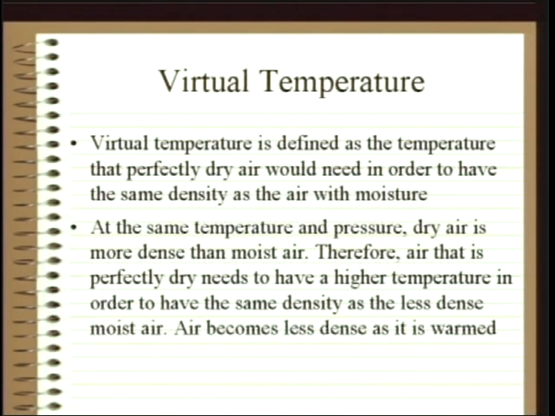Remember in a previous lecture, we had a problem where we were looking at the average molecular weights of different gases, and water vapor had a relatively low average molecular weight because it's composed of hydrogen, which is the lightest element, and then it only has 1 oxygen. So put together, the H2O is relatively light compared to O2, oxygen, or N2, nitrogen.